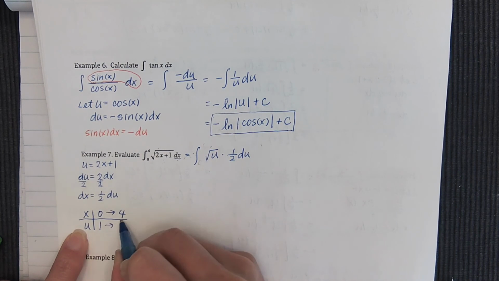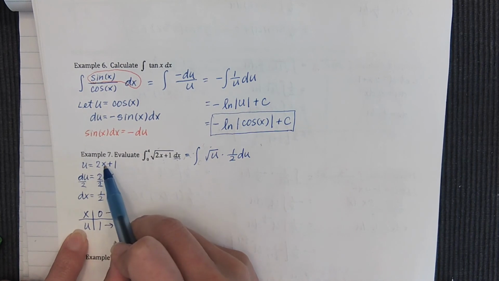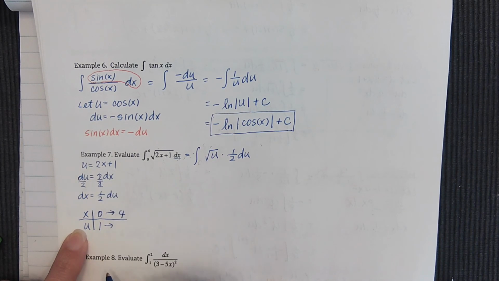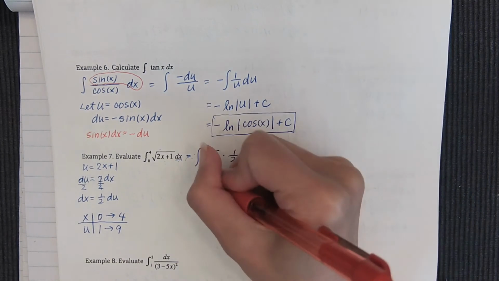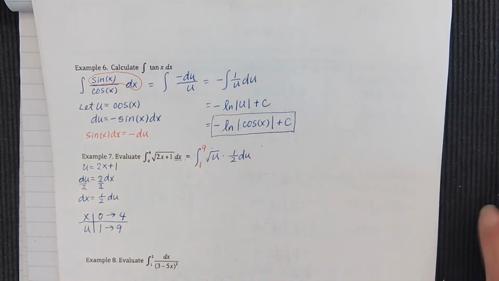Now how about the 4? If I plug in the 4, it's 2 times 4 plus 1, which is 9. So the limits change, not 0 to 4, it's 1 to 9. Does that make sense?